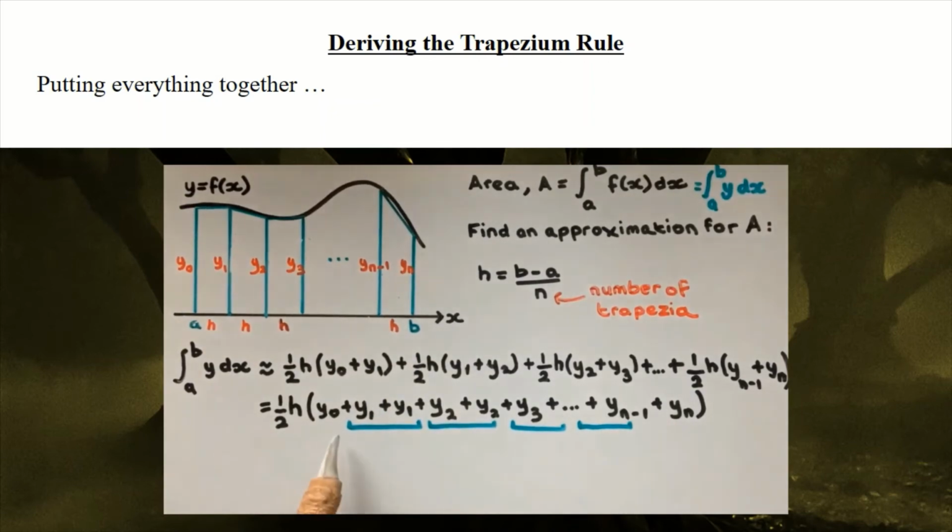So this means that I've got pairs, which means I can just collect like terms and write 2 of each. So this is going to give me 1/2 of h.